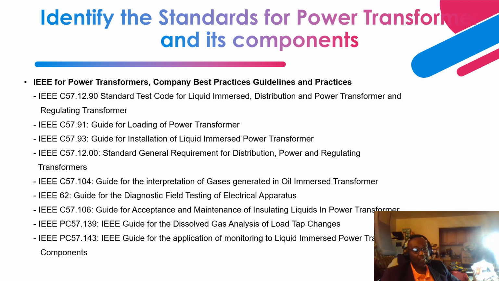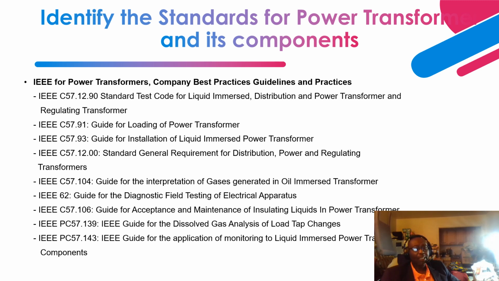Next is IEEE C57.104. That basically tells you how to interpret the gassing that is generated in the power transformer. As you can see over here, in this section of the guide, you have different conditions, or different stages, or different grades. Condition 1 tells you the level of ppm that you are supposed to have for different gases in the transformer: hydrogen, methane, acetylene, ethane, ethylene, carbon dioxide, carbon monoxide.